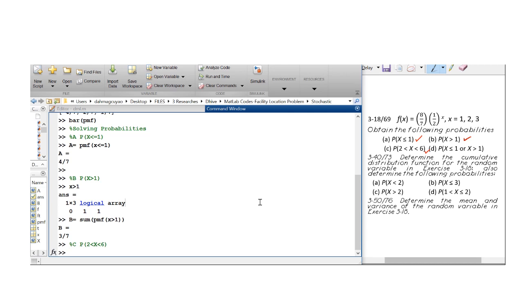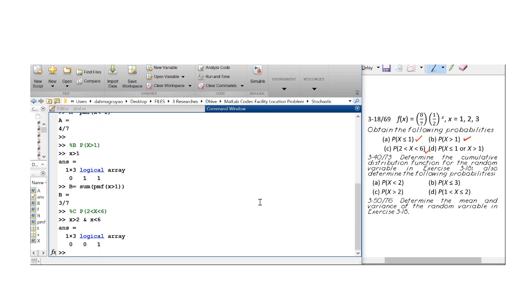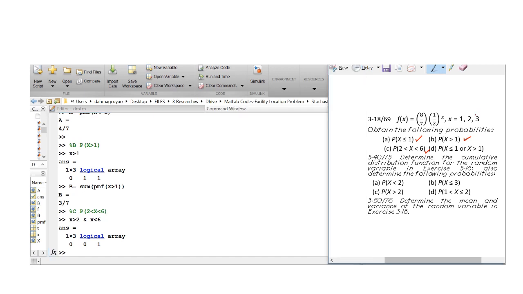So if we check that x is greater than 2 and at the same time x is less than 6, it would be the last one. So when x is equal to 3, 3 is greater than 2 but less than 6.